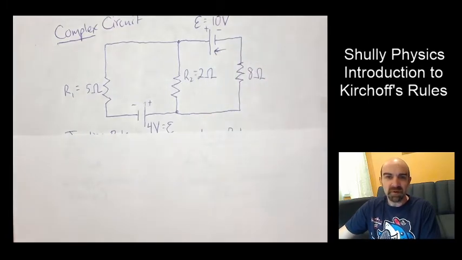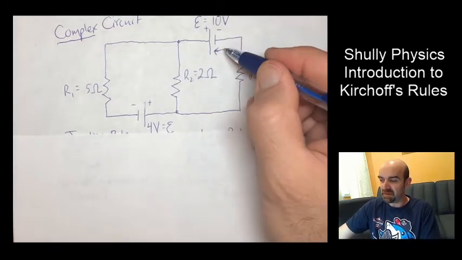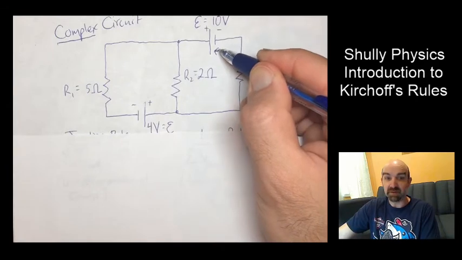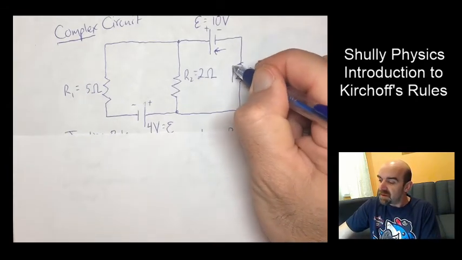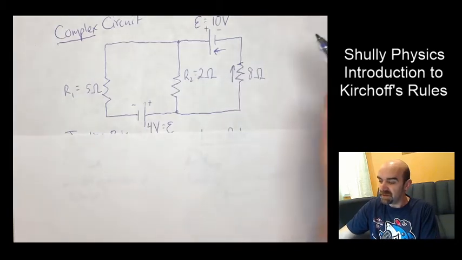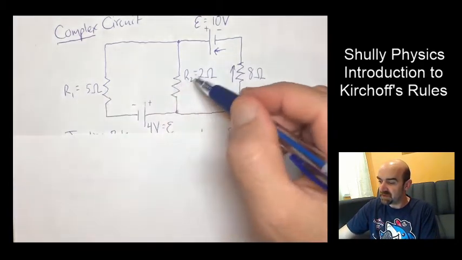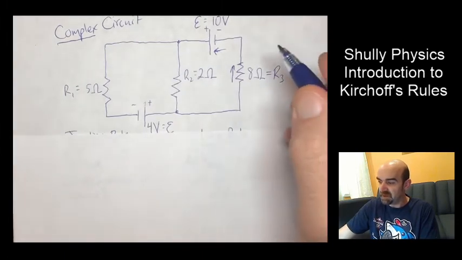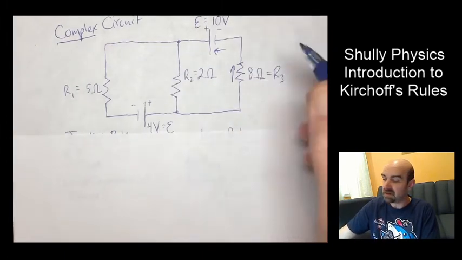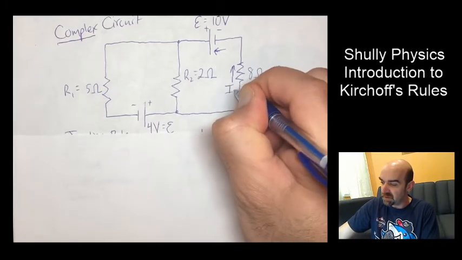Now, where the current's going to be important is across the resistors. If I have a current flow in this direction across the 10 volt EMF, then there's going to be a flow going in this direction. I started to label the resistors R1, R2. Looks like I left one out, so I'm going to label this one R3. Along with R3, I'm going to label the current I3, current 3.